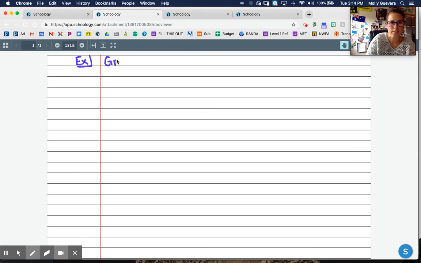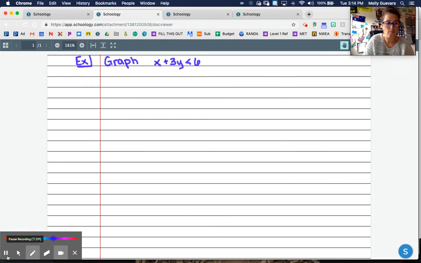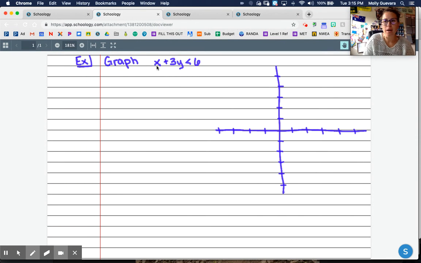So the last example is we want to graph x plus 3y is less than 6. So again, I'm going to need a coordinate grid here. And my equation is not in slope-intercept form. So again, I'm going to have to find slope-intercept form.